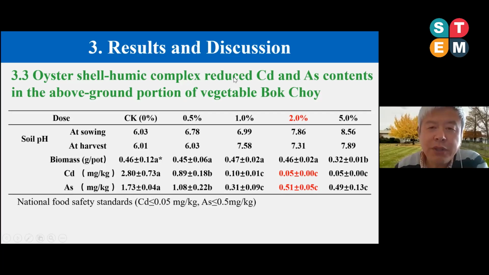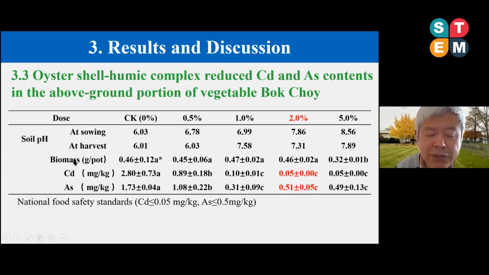So in the pot experiment, we use the vegetable bok choy and add the complex as a soil amendment. It's a different dosage from 0 to 5%. And of course, after adding this really alkaline material, the pH increases with the dosage, but still within the range the plant can tolerate.